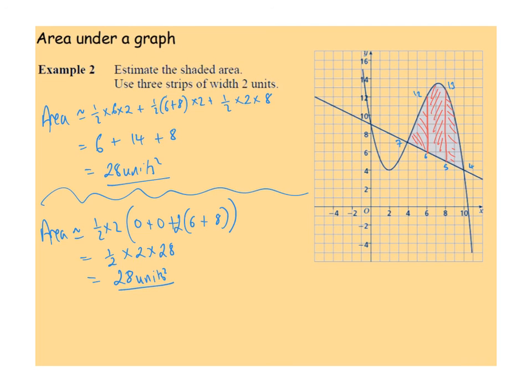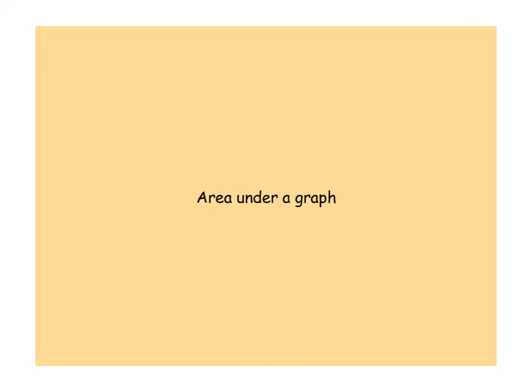So there are effectively 2 or 3 different methods for finding the area of this shaded section. And hopefully those 2 examples, 1 and 2, will enable you to do the practice questions. So now you should be able to have a go at all the area under a graph questions on the document, which will complete the work that you've been set.